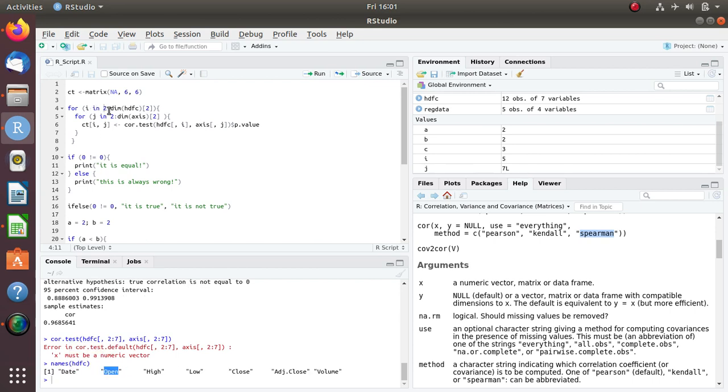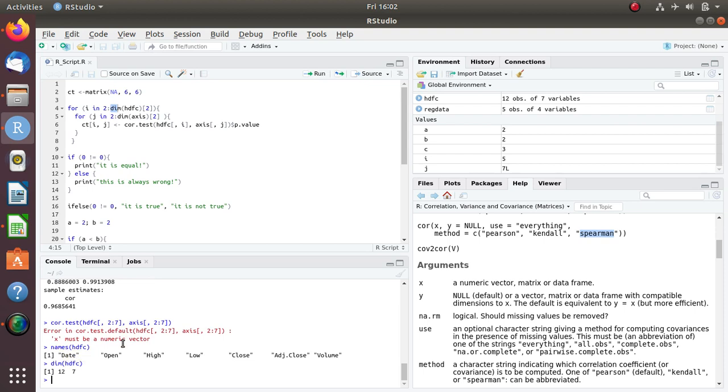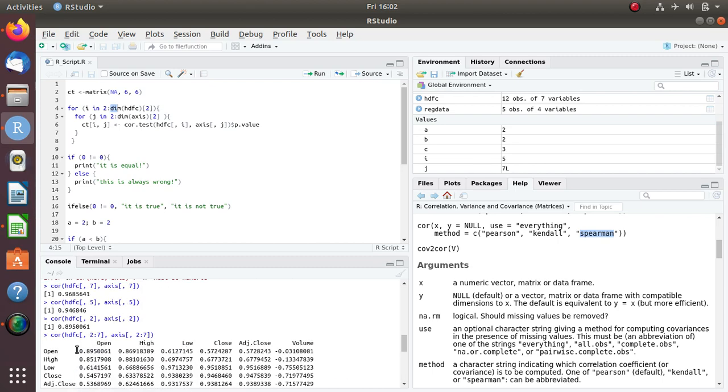You see the 7, so 2 to 7, which is 1, 2, 3, 4, 5, 6, so totally 6 variables.